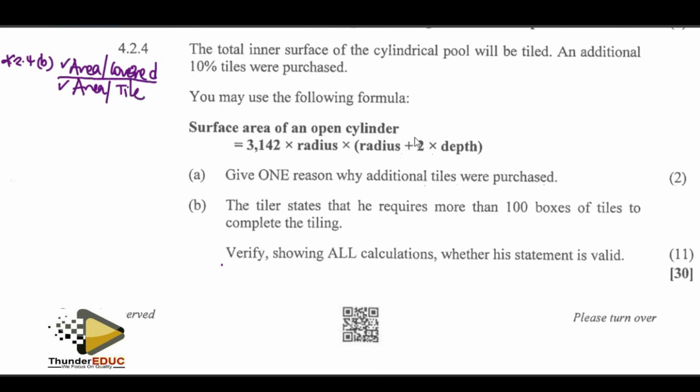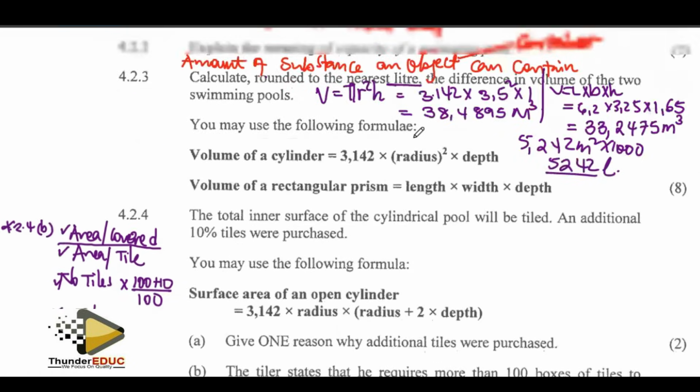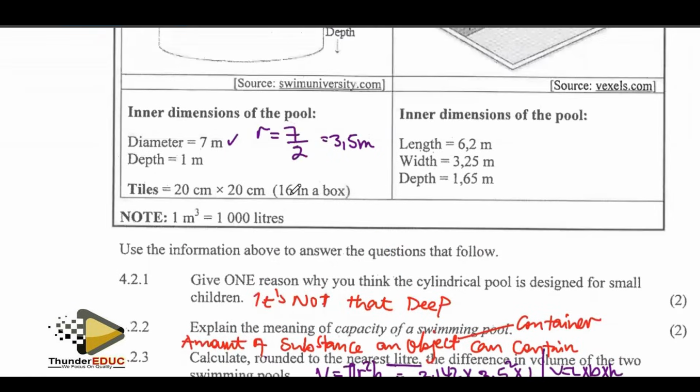You divide the two, you get the number of tiles. Multiply or increase it by 10%, which is the same as 100 plus 10 divided by 100. So here you get the number of tiles. Then afterwards, pack them in boxes. So you divide by 16 because each box carries 16 tiles. Look at that scenario here.